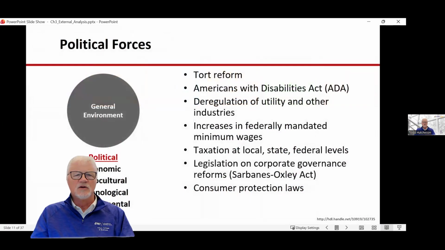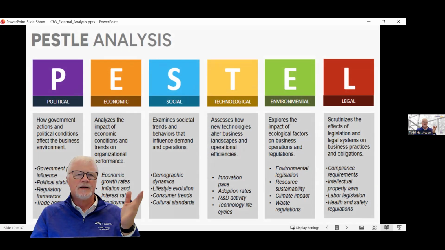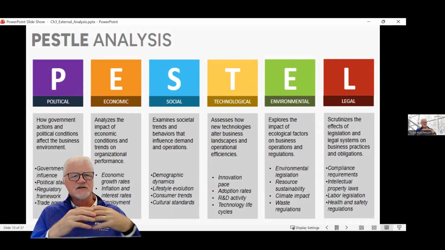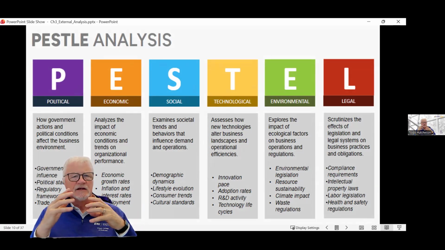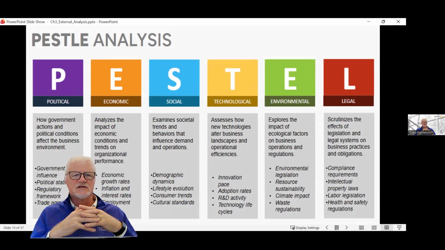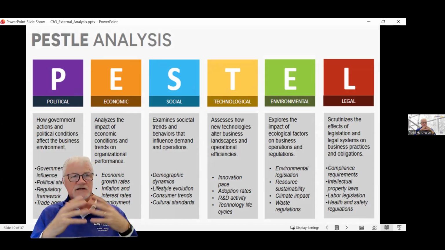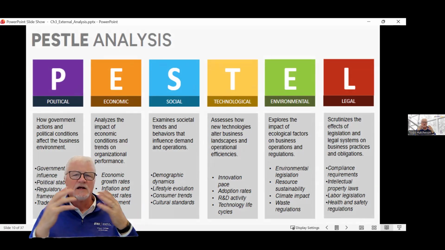Political forces are how government actions and political conditions affect the business environment. Economic is economic conditions as well as trends, as well as activity, and how that affects my organization's ability to perform.